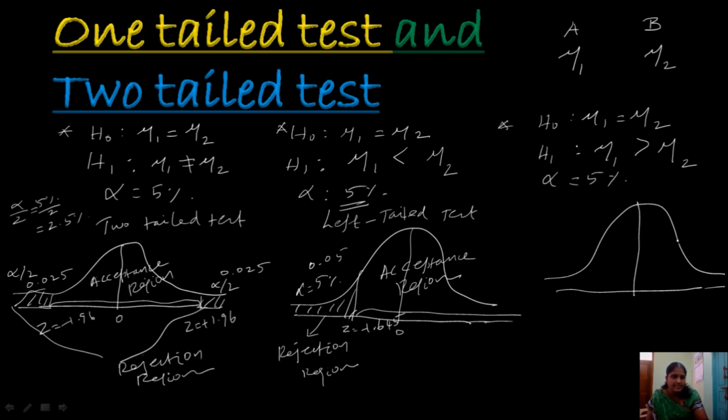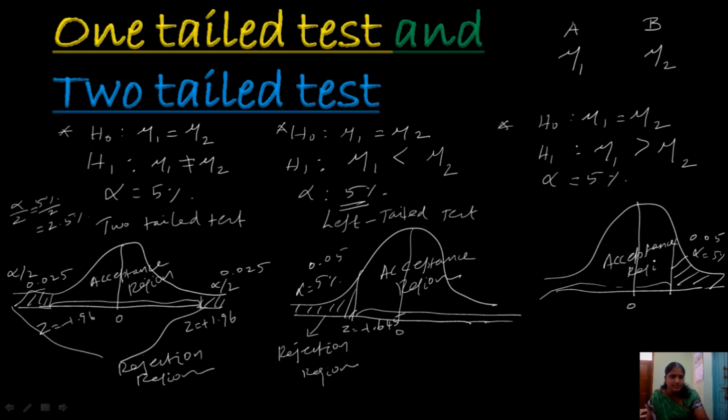If it is like that, this falls in the right tail of the normal curve. That means the rejection region falls on the right hand side. That is alpha equal to 5%, that means 0.05. So if the value of Z falls in this region, we have to accept the null hypothesis.